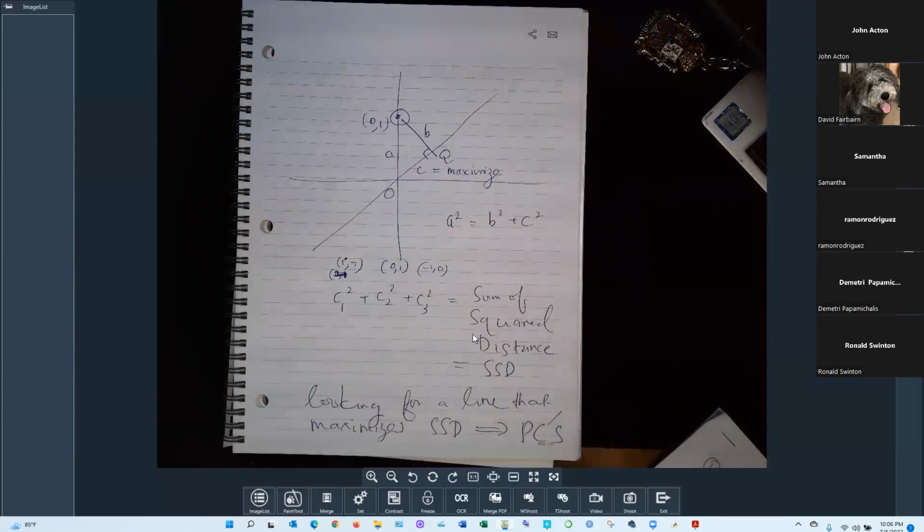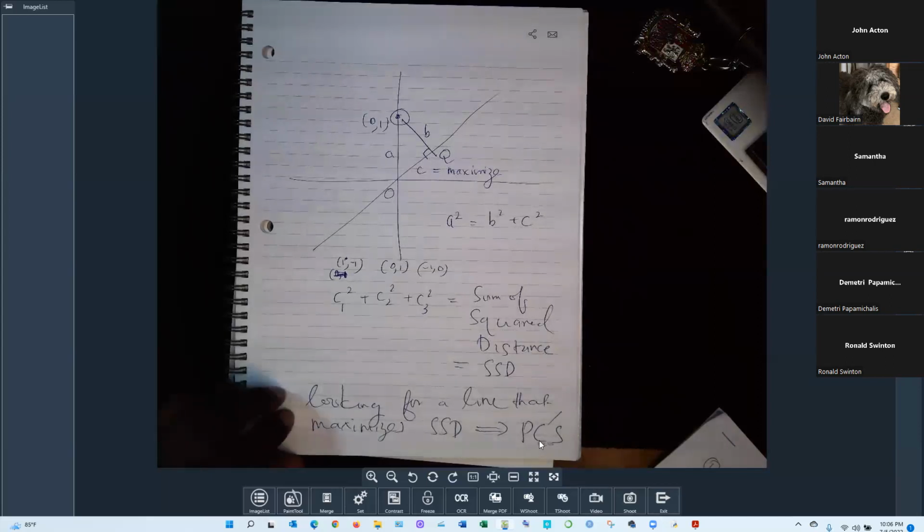You saw mathematically how we built that up. But graphically, we are looking for a line that maximizes these distances. What distances? The distance from the origin to the projection from each and every data point to that particular line. So we are looking for such a line that maximizes the SSD.